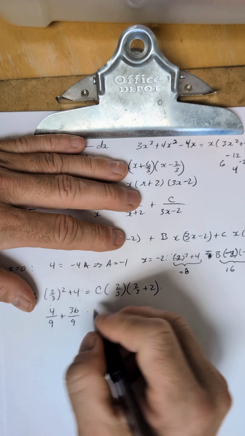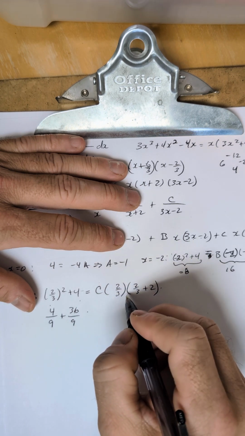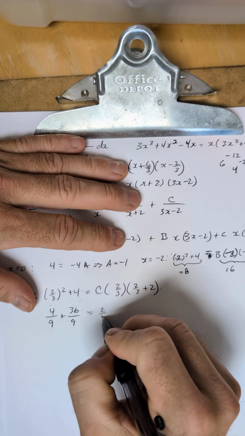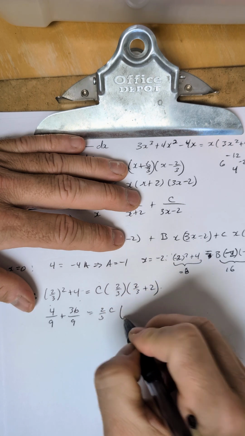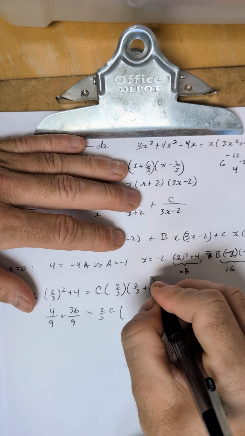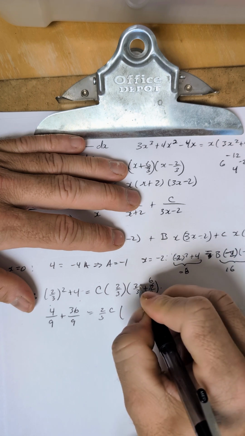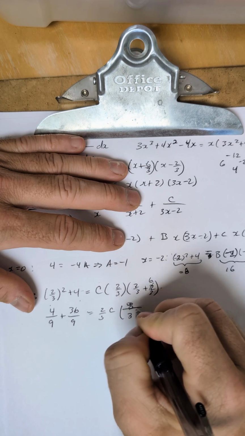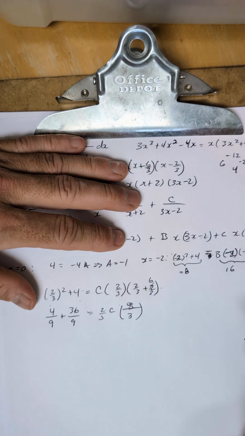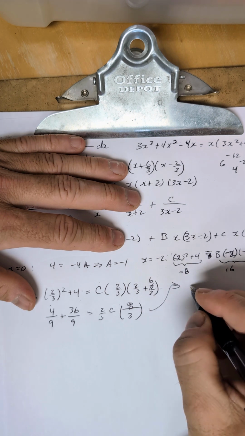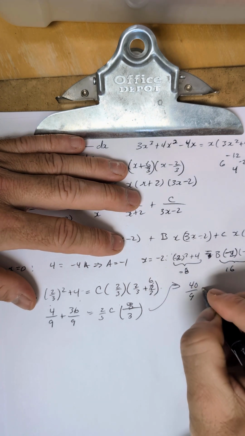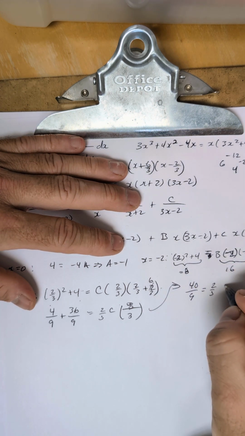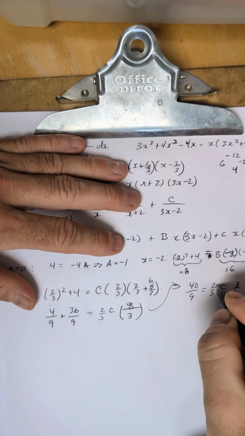And then this is going to be equal to 2/3 c times, this would be 6 over 3 plus 2, so it's going to be 8 over 3. So simplifying this, we get 40 over 9 is equal to 2/3 c times 8/3.